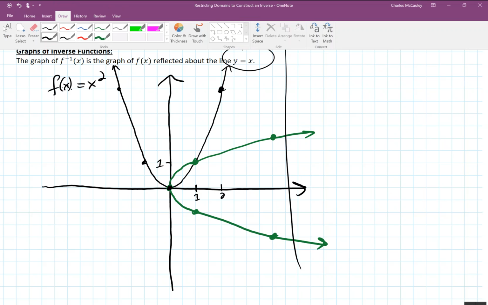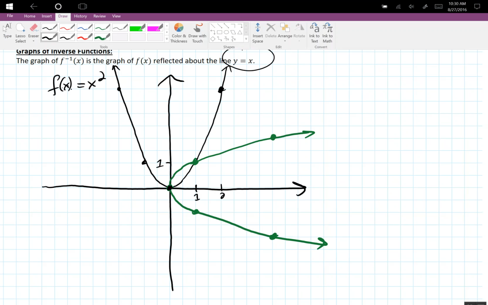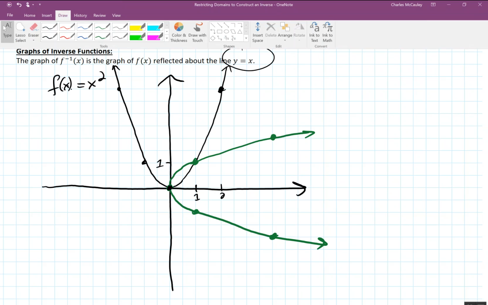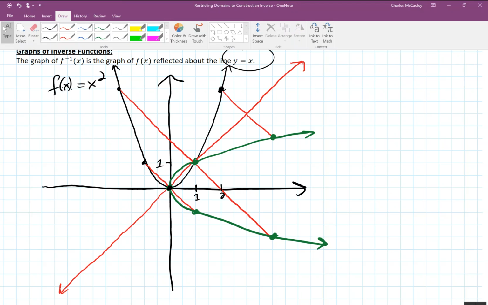So let's undo this and bring back all that extra stuff I just erased, if the computer will cooperate for a second. We want the square root function to be the inverse of the square function, but we get a whole bunch of extra stuff when we do this reflection.